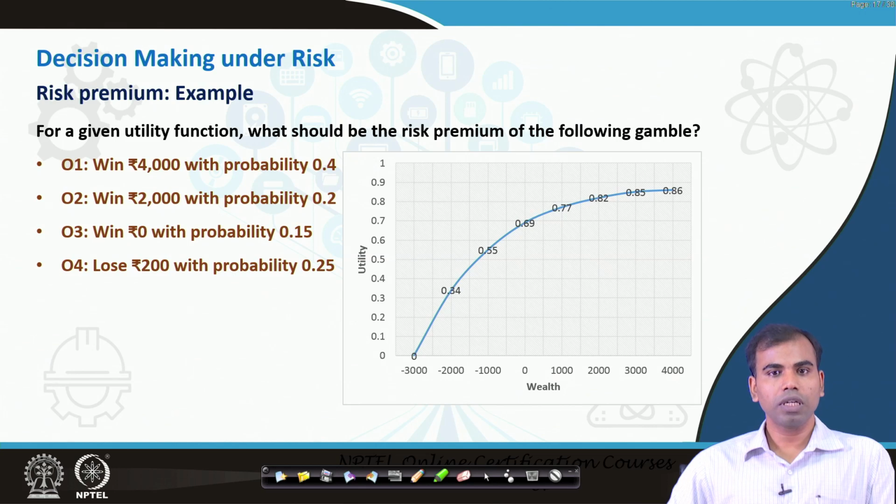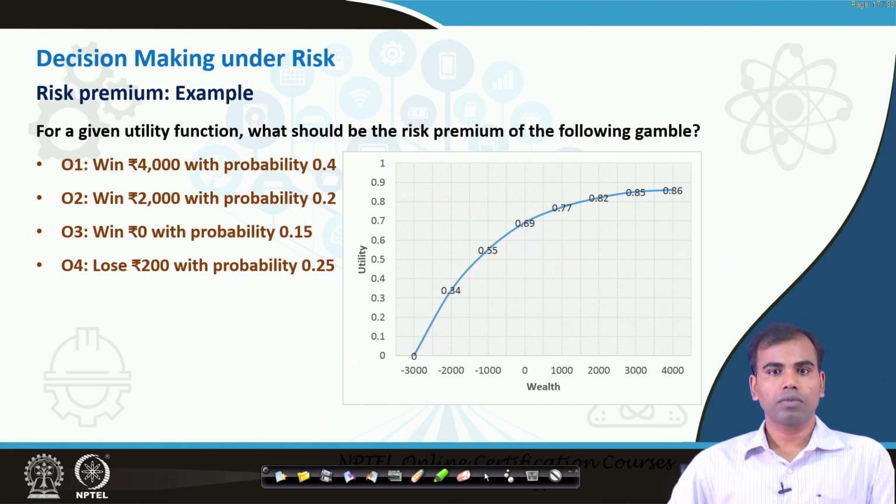Now, the particular case here is being discussed in the context of a utility function curve, which is given here. The individual for which we are trying to understand this process follows a logarithmic utility function as shown in the graph.